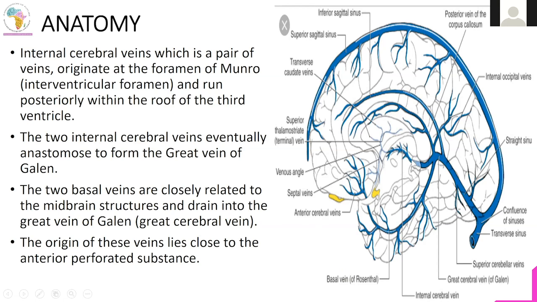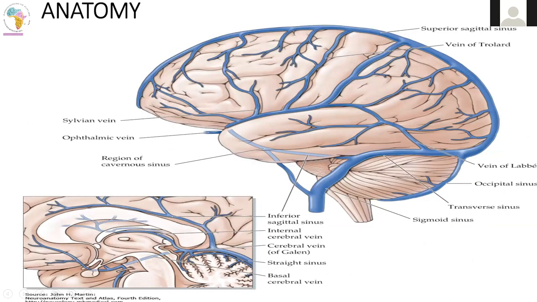You see they come and unite to empty into the great cerebral vein, or the great vein of Galen. And here also you see the basal vein. They also empty into the great cerebral vein. That's what we are explaining in the notes. Here also you have the diagram showing what we have already explained, just to see it better.